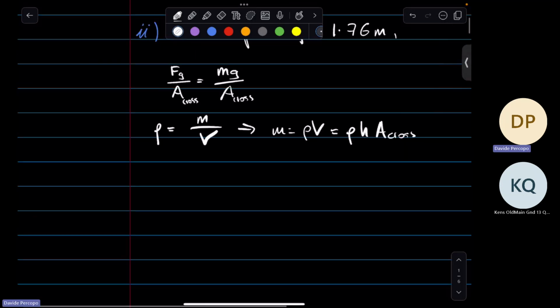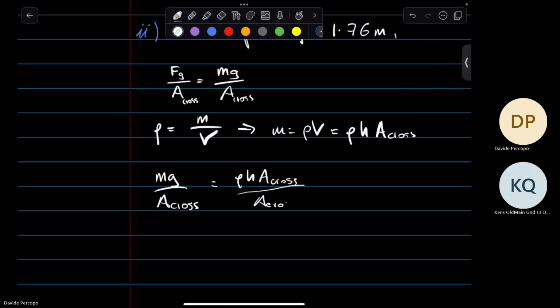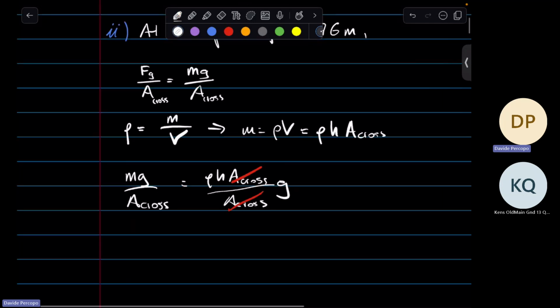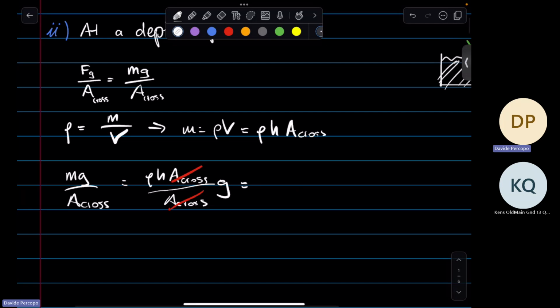So something's going to cancel: Mg over A cross equals rho H A cross over A cross. This can cancel, which is good because we don't even know the radius of this tube, and we don't need it anyway. So that's a good sanity check, if that makes sense.